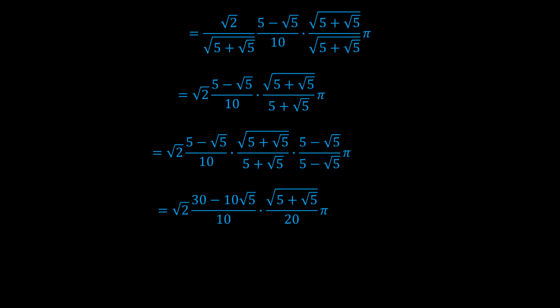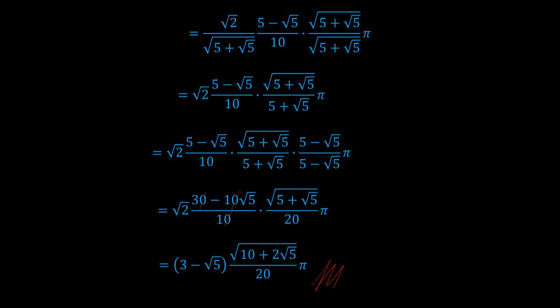We see that this goes away, and then we multiply root 2 across, so 2 now goes into the root sign, so we have 10, and then we have 2 root 5 there. And here we have 3 minus root 5 times square root of 10 plus 2 root 5 over 20 pi. So this is what we get from the blue integral.